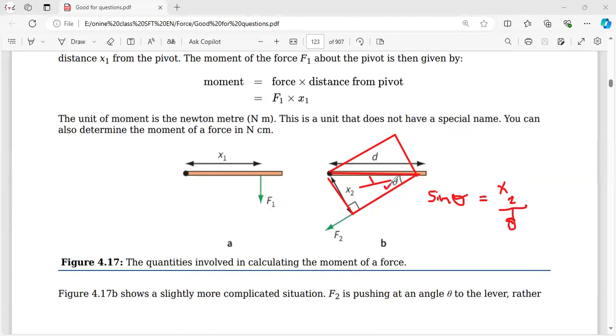Since you already know the theta and d values, we can work out x2. So x2 is equal to d multiplied by sine theta, right? So whatever the distance d, let's say 10 meters, and sine 60, then you can work out that x2 value. F2 is also given. You can just calculate the moment, right? It is as easy as that.